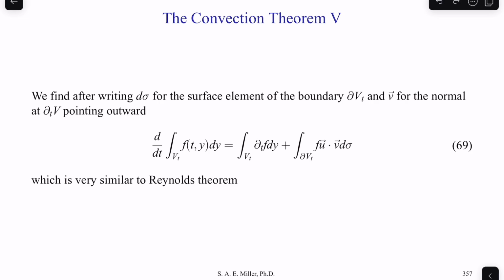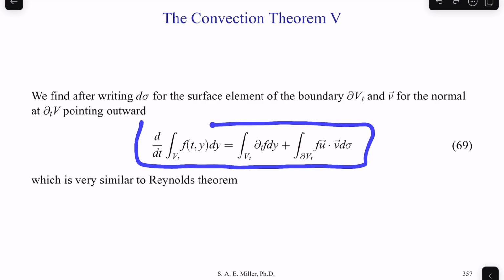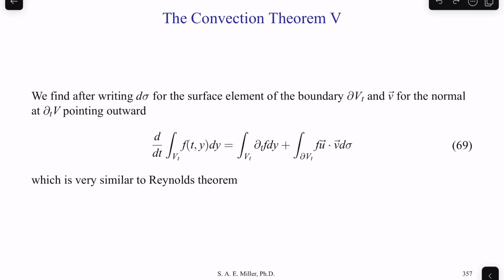So after writing this for the surface element on the boundary of partial V_t, with the normal vector v pointing outward, we can write this equation, which we might also reference: the time derivative change of that field variable f, a function of space and time, will go as a volume integral of partial f partial t plus the surface integral of fu dot v over the surface of that volume. So this is like Reynolds transport theorem.